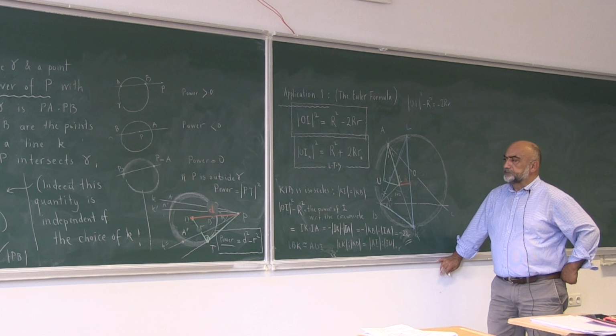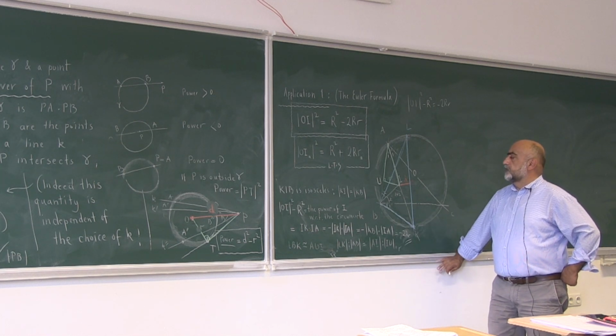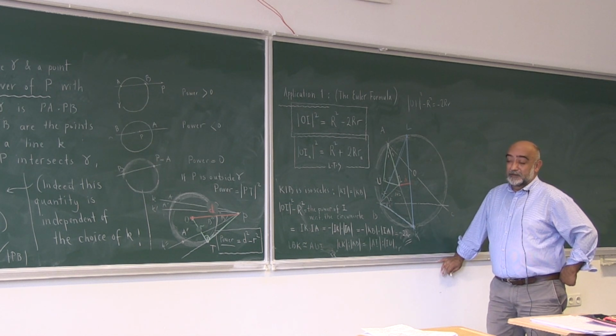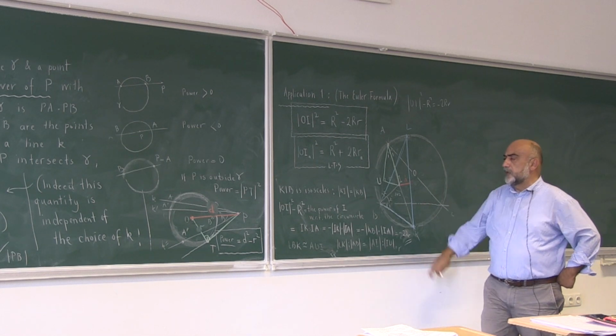Okay, there it is. This is a formula by Euler, and I've just proven it in 2 lines, just making very simple observations, just noting the power of a point with respect to a circle written in 2 different ways.